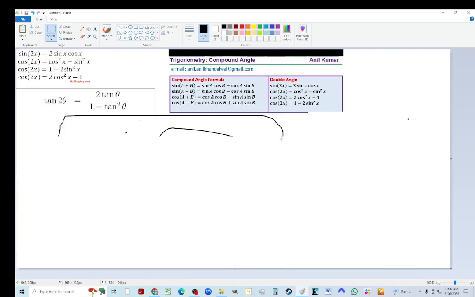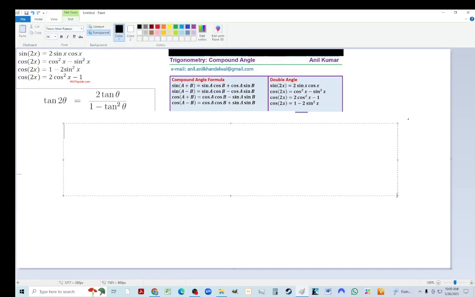How do they come up with the double angle formula? Well, let's do sine. Sine of 2x is the same as sine of x plus x. So what they did is they used the addition formula, sine A times cos B plus cos A sine B. But in this case, the angles weren't different.